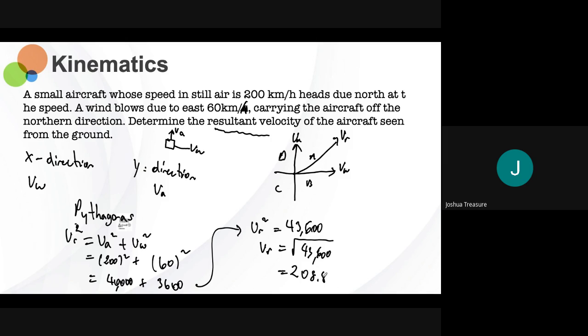208.8. This question didn't necessarily ask you for it, but I want to ask you for the direction in comparison to the x-axis, of course. How do you calculate that?